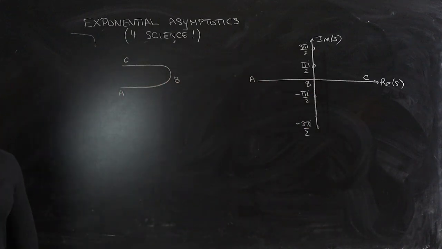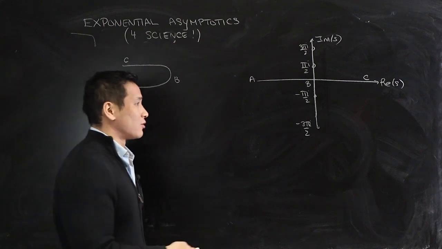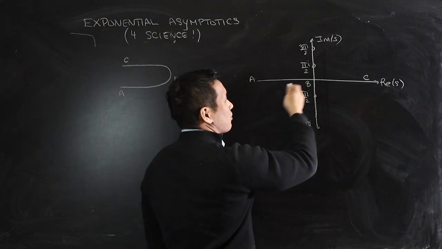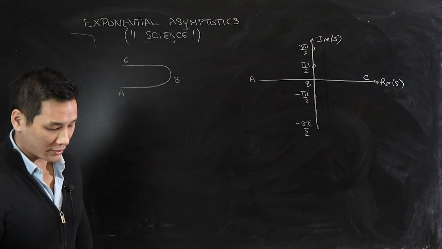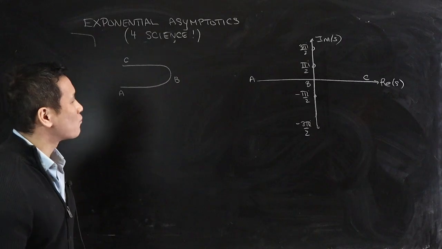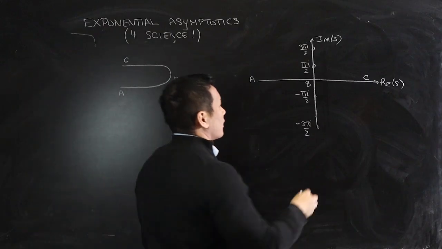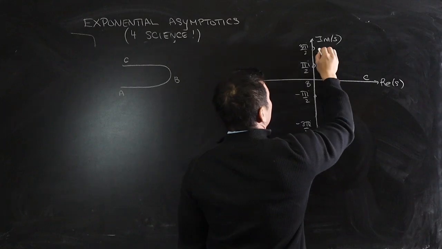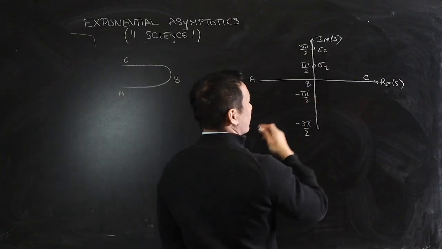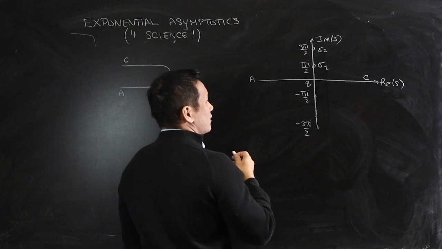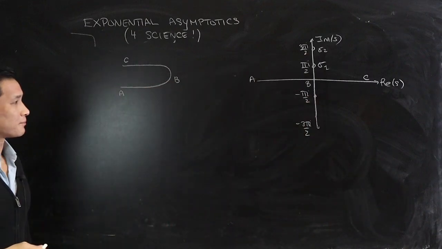So the kind of questions that we're wondering about is, what do the Stokes lines look like, and do they intersect the real axis? Because at that point you would expect a real valued exponential to appear, a real valued oscillation to appear. Okay? So this might be sigma 1, sigma 2, etc. And then this, I think the way I've indexed it is sigma 0 here, and then sigma minus 1, etc.